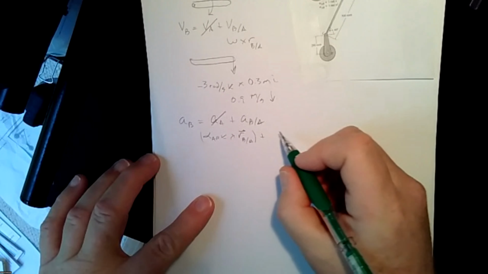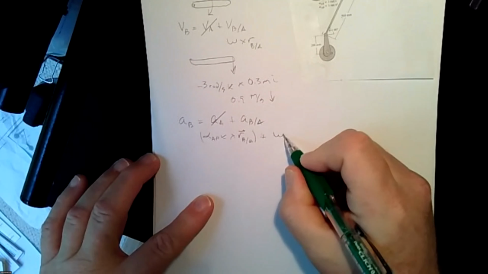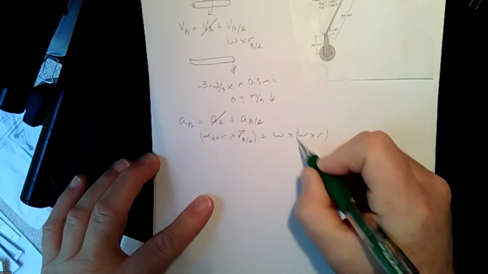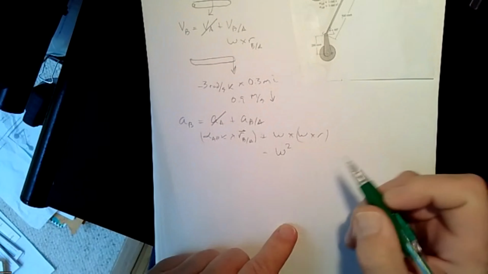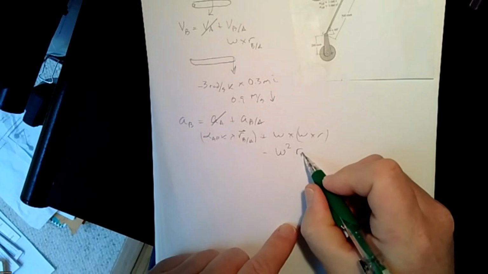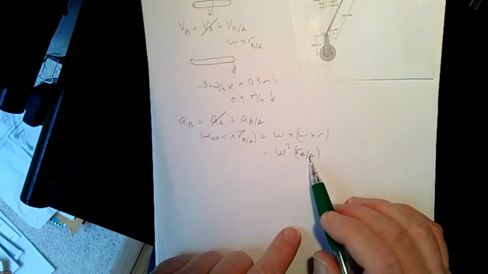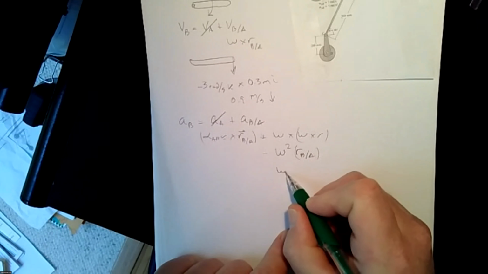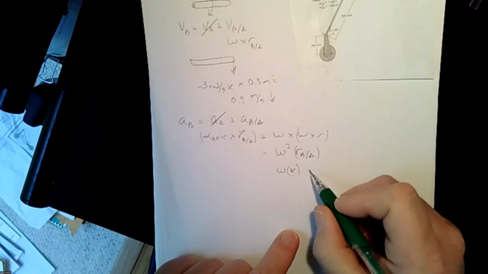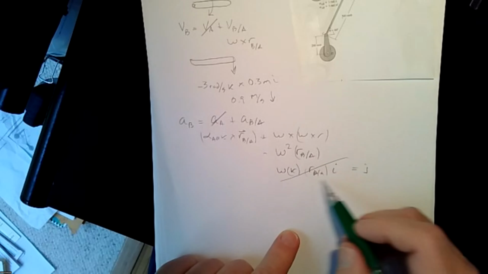And then minus, because remember the true equation is plus omega cross omega cross R, but in our special circumstances, we can shortcut it as minus omega squared times R B relative to A. Now, this is not omega squared cross RB relative to A, because what some of you were doing is saying omega, which is a K, crossing with RB relative to A, which is an I, and getting a J, which is not correct because it's not crossing at that point.